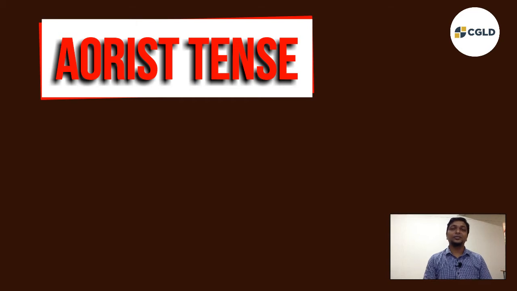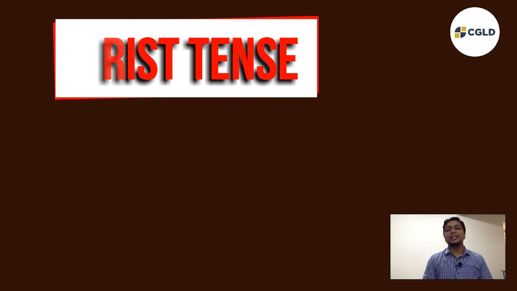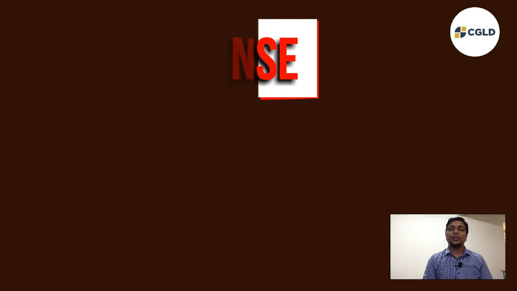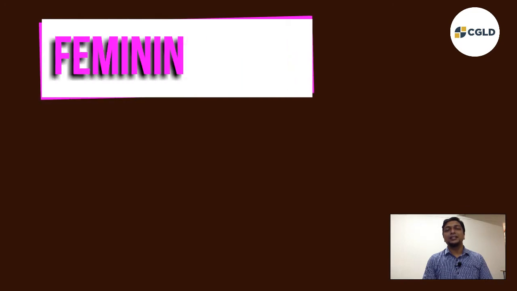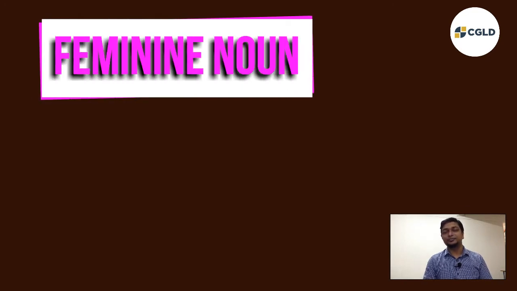In today's session, we are going to look at the aorist tense and how the same luo verb appears in its aorist form. Along with that, we will also look at the feminine noun. So let us look into chapter 5 of Graham Simpson's book.